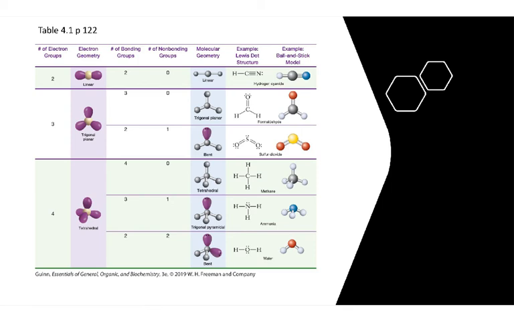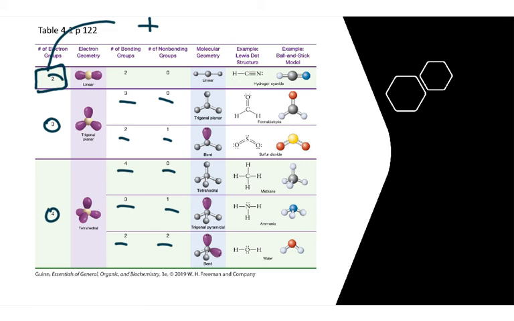Notice that this column, number of electron groups, is equal to the number of bonding groups plus the number of non-bonding groups. So 4 can be 4 and 0, 3 and 1, or 2 and 2. 3 can be 3 and 0, or 2 and 1, and 2 can only be 2 and 0.